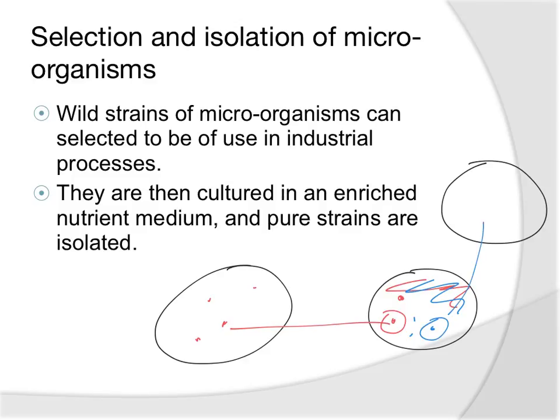And what they do, in fact, is they grow these microorganisms on all sorts of different media, and they will culture them up and produce pure strains, and then they'll have a look and see if those bacteria produce any sort of useful product that can be used in an industrial process and again make lots of money.